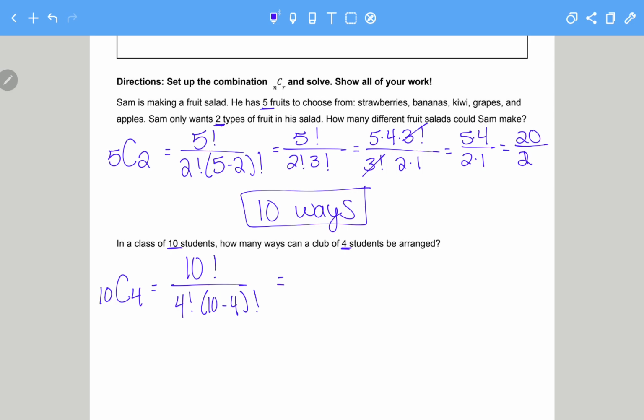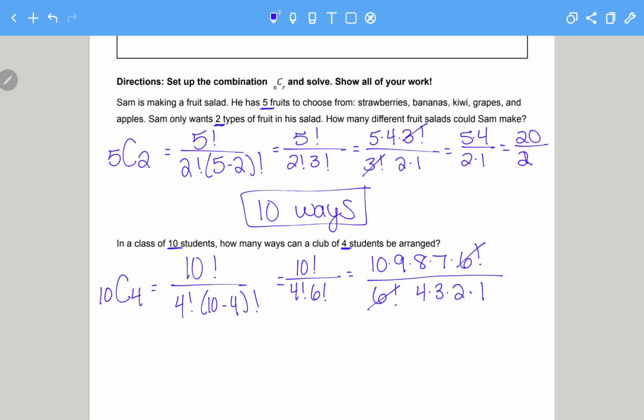And then we get to use our parentheses. So 10 over 4. 10 minus 4 is 6. So we're going to count down to our bigger, which is that 6. 10, 9, 8, 7, 6. Stop. Because that 6 factorial will cross off. We can't forget about that 4 factorial. So let's continue. 4, 3, 2, 1.